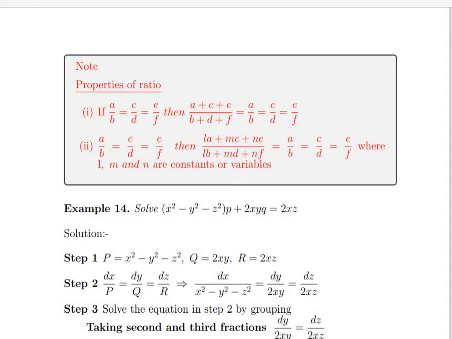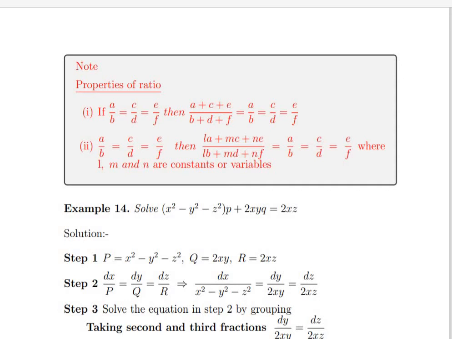Now in some problems, for getting the solution, we have to apply the properties of ratio. Namely, if a by b equal to c by d equal to e by f, then a plus c plus e by b plus d plus f is equal to a by b equal to c by d equal to e by f.